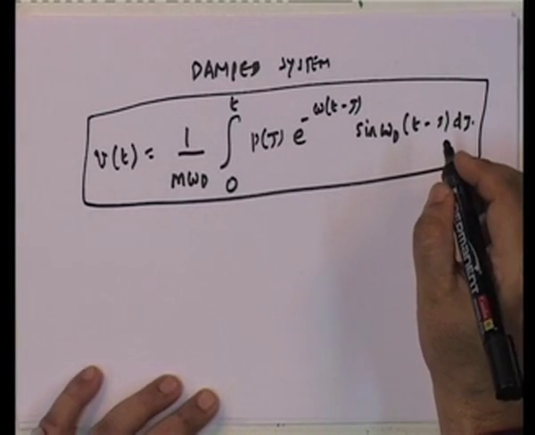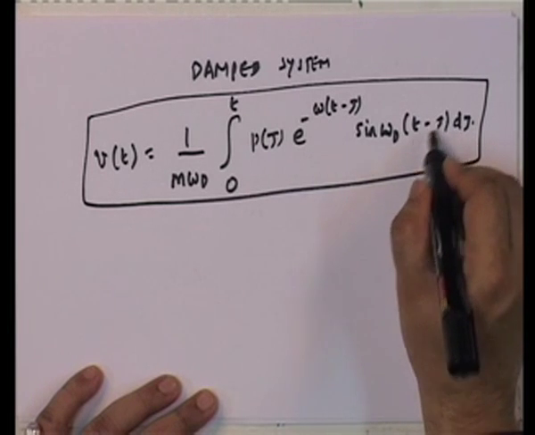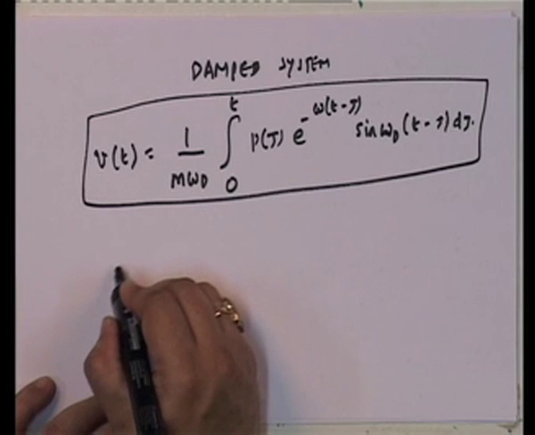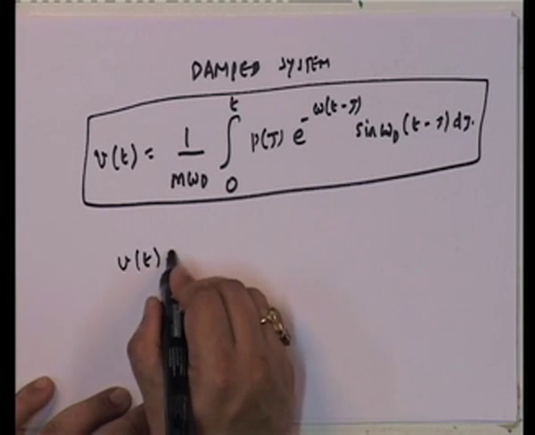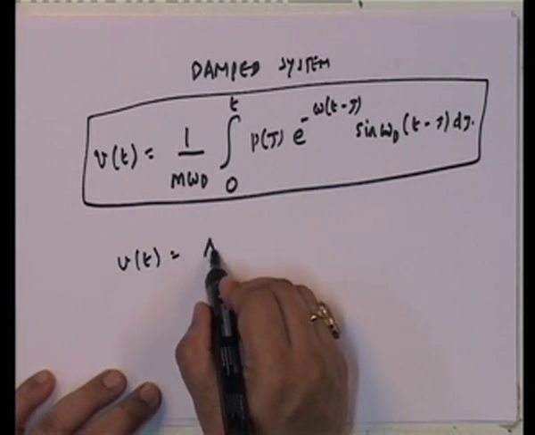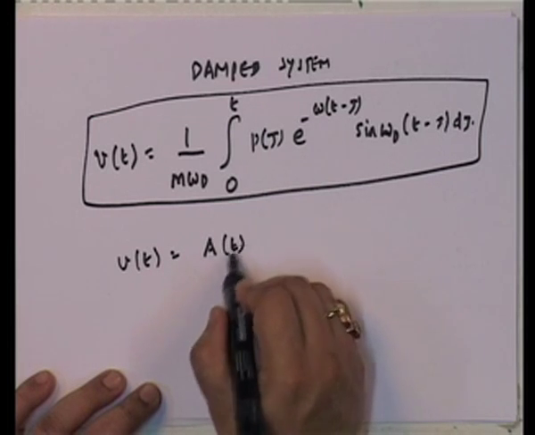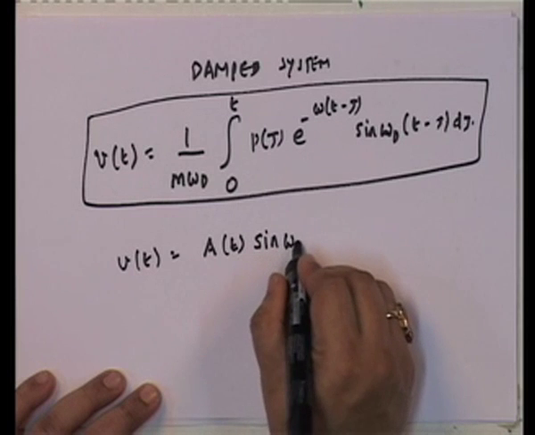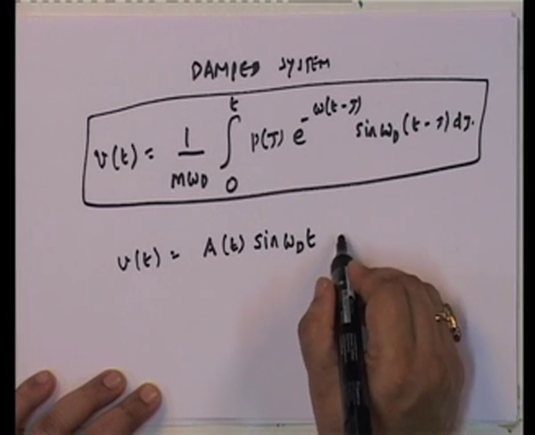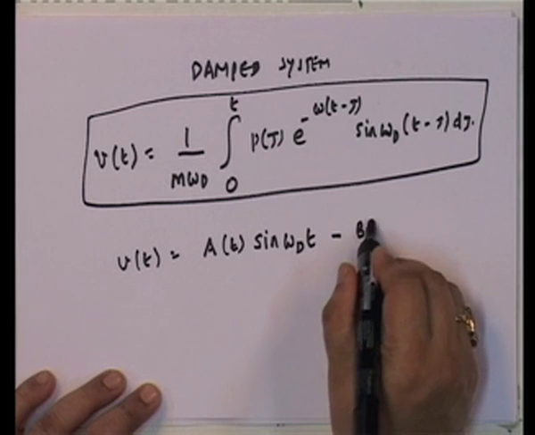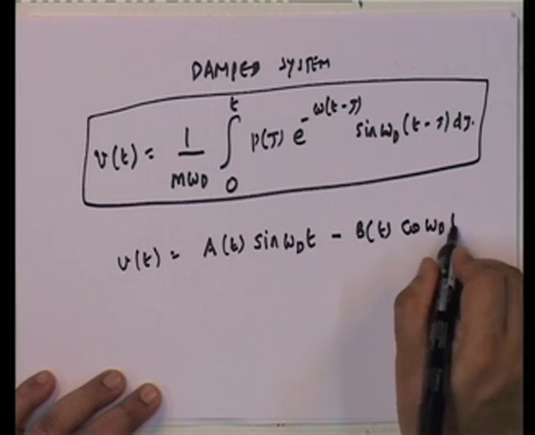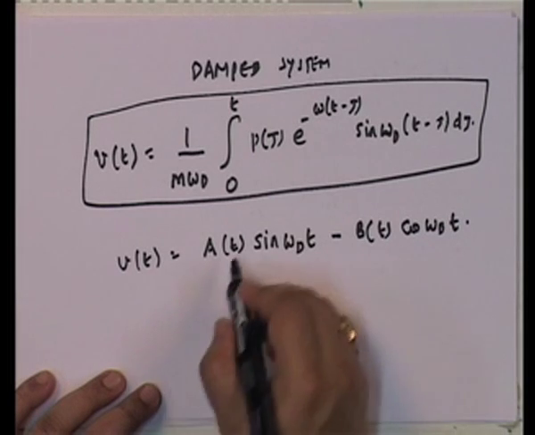Now, in the same way, we can write it in the following form: I am going to write v of t as A of t into sine omega d t, and I am going to put minus B of t cosine omega d t.